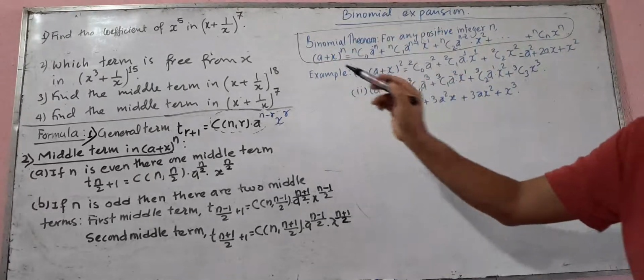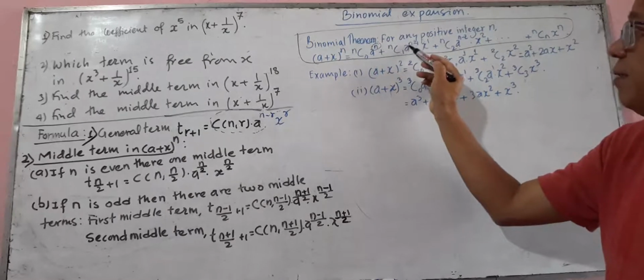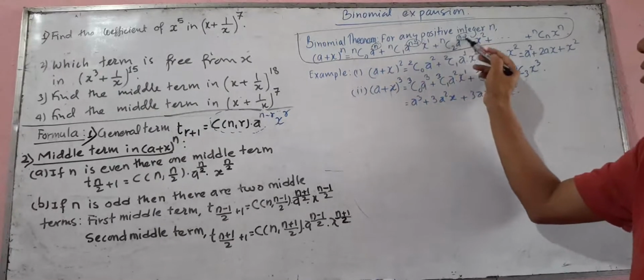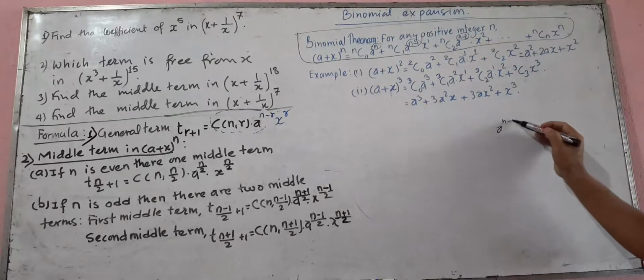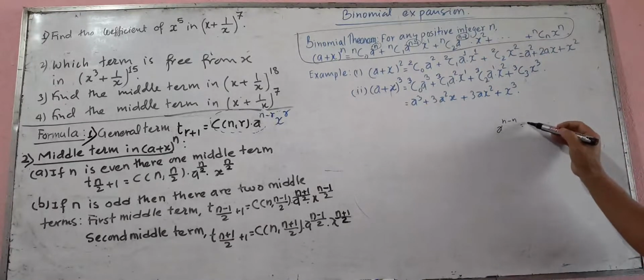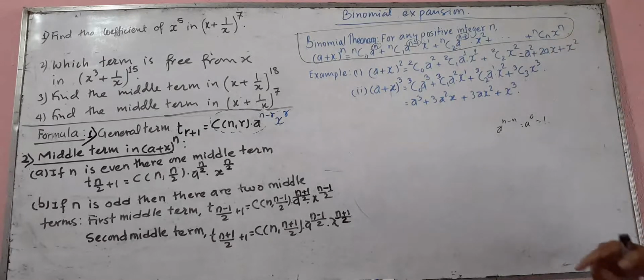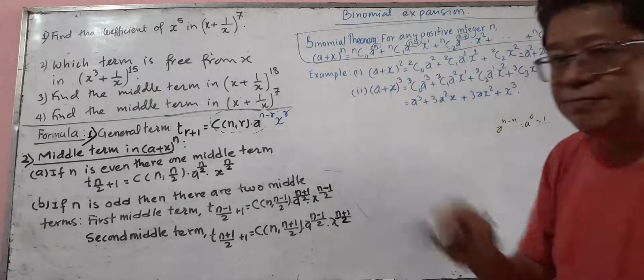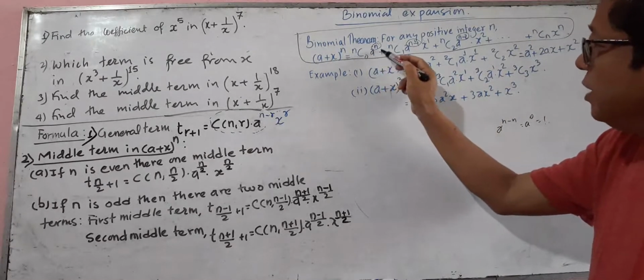What we see here, the power of a is gradually decreasing, n minus 1, n minus 2, and finally it is n minus n. That means a to the power 0 is equal to 1, so we don't write that one here. And in case of x, the power is gradually increasing.